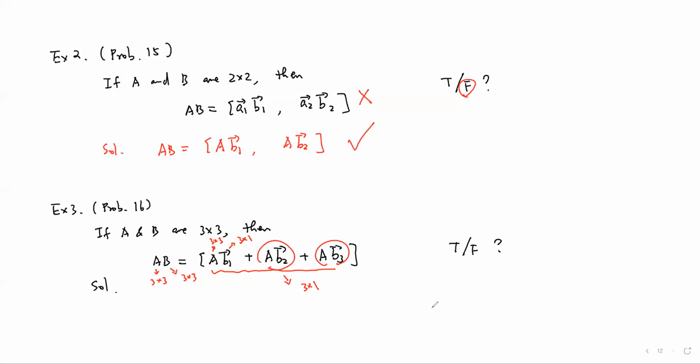The correct formula is that A times B is a 3 by 3 matrix: first column A times B1, comma, not sum, then A times B2, comma, not sum, then A times B3. This is the correct formula, a 3 by 3 matrix, not 3 by 1. So this is false.